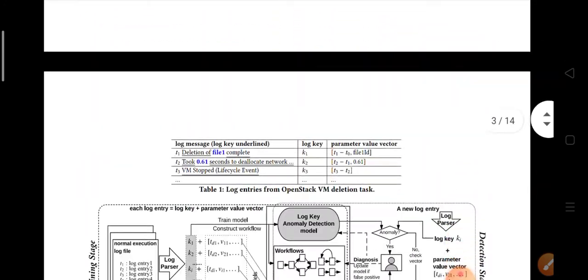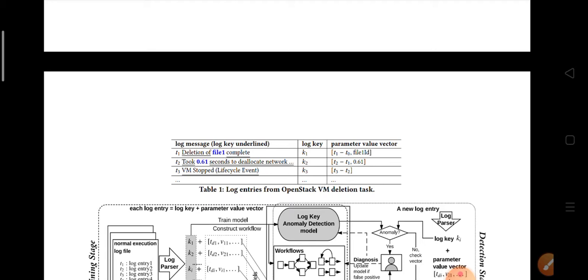They mention this in Table 1, the left column, log message. See, there are 3 log messages mentioned. T1: deletion of file 1 complete. The underlined section, "deletion of" and then "complete", this underlined structure of that particular log is what they call log key K1.